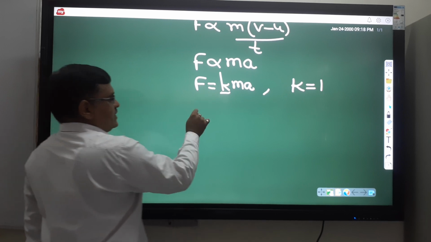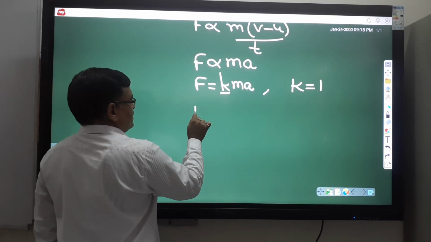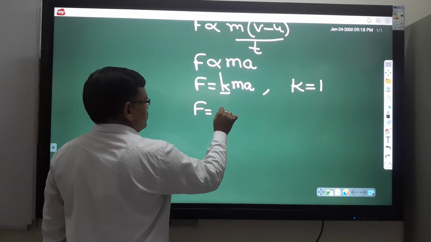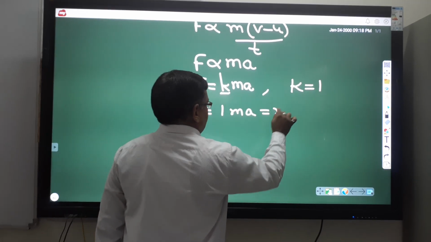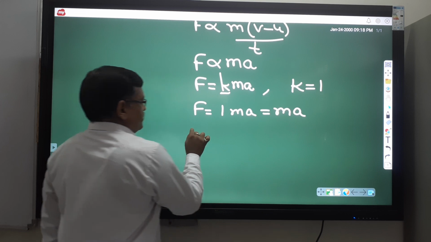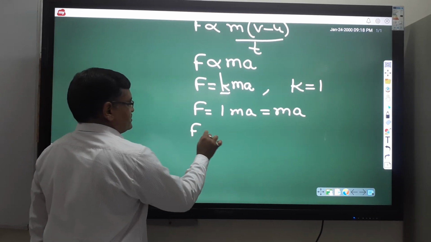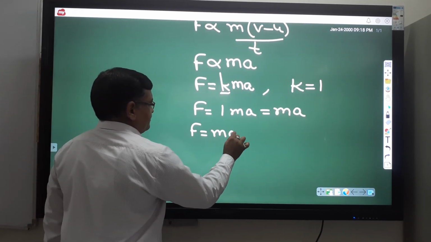So, we can put the value of k. We get F is equal to 1 times ma, which is ma. So, we have the ultimate formula: F is equal to ma.